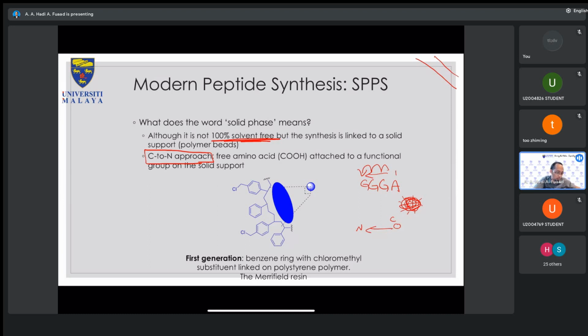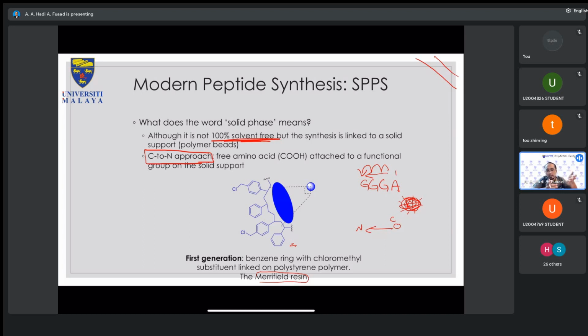The first generation of solid support is shown here. This is what we call the Merrifield resin. Instead of synthesizing a polymer, Merrifield functionalized part of the polymer, making the polymer material into a kind of spherical shape.